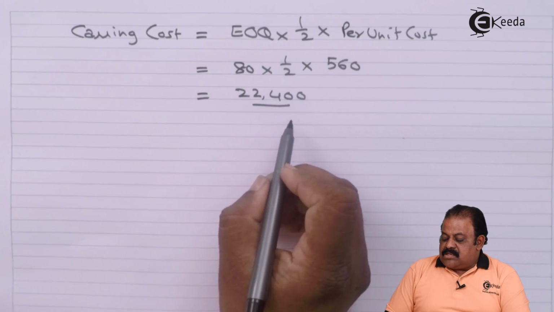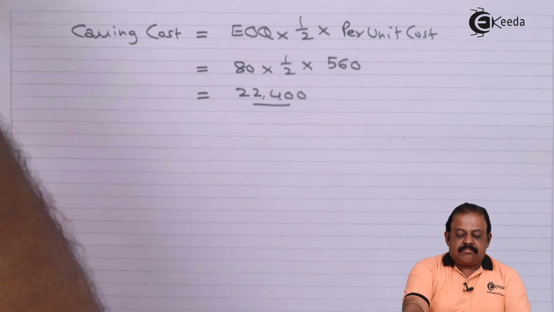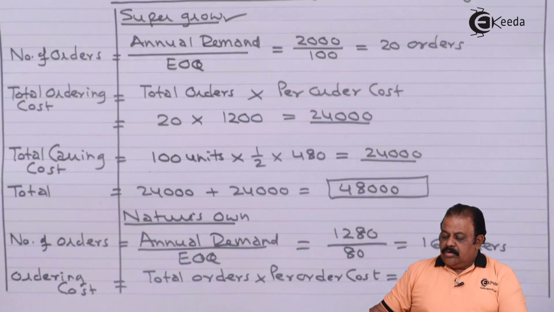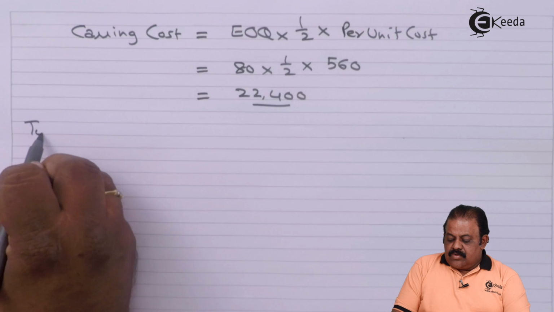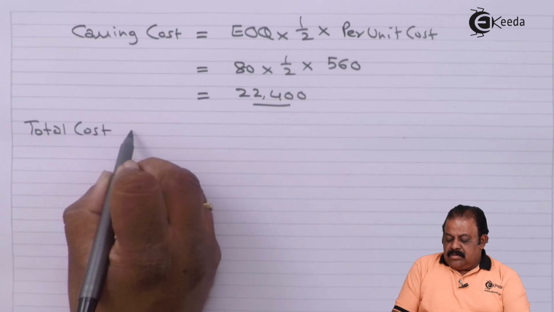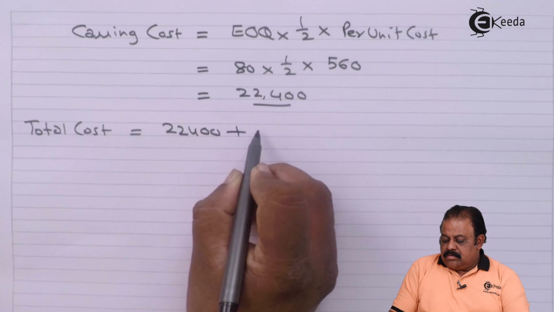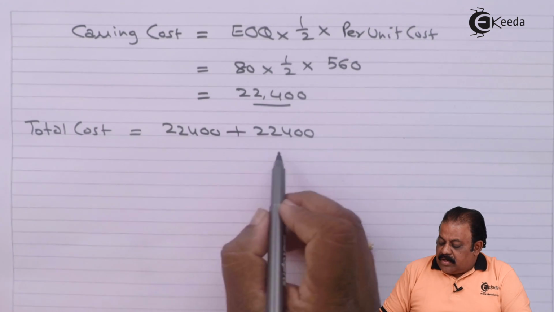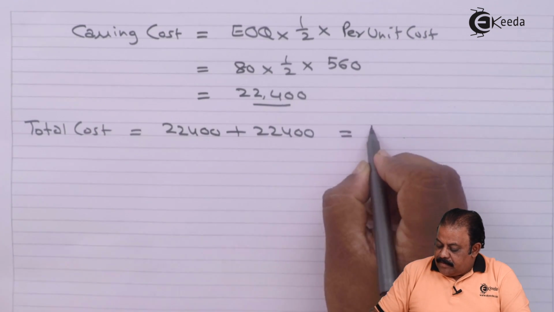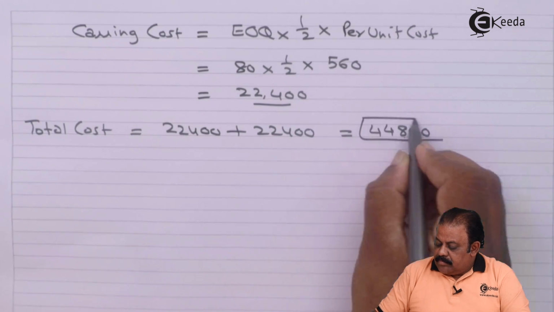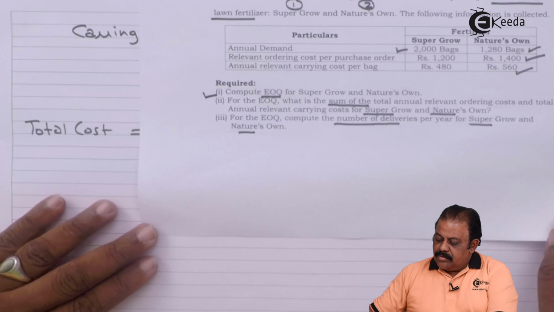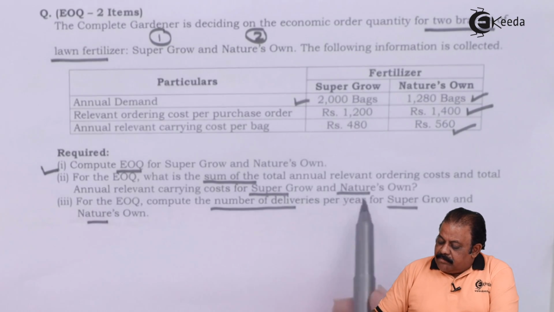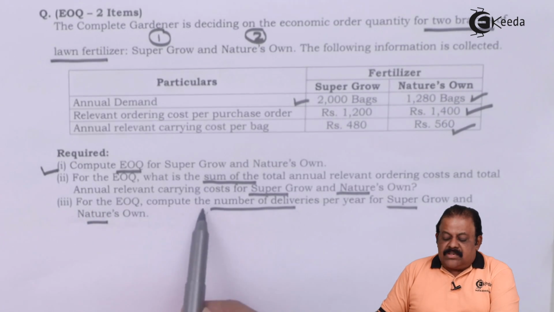So total carrying cost is 22,400. Total ordering cost also we had 22,400. So total cost is equal to 22,400 plus 22,400. It will be 44,800. So we have calculated ordering cost and carrying cost.